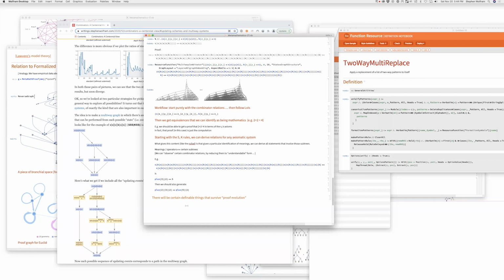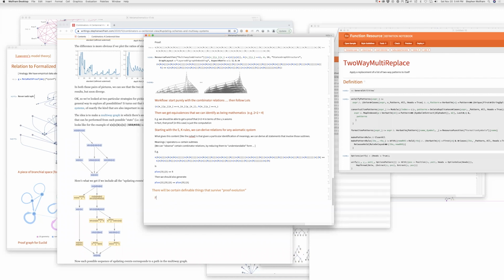Okay, so then for observers like us, the point is we need identical objects to reoccur in the proof evolution.